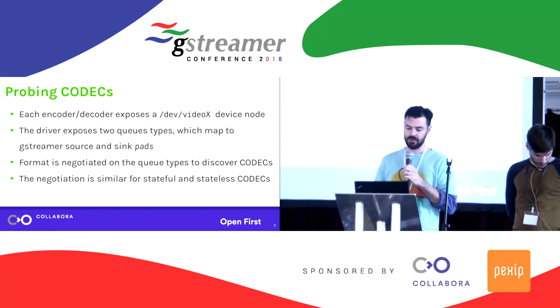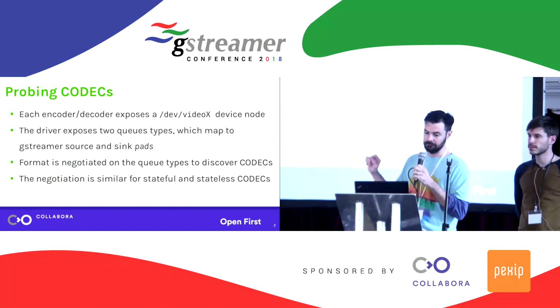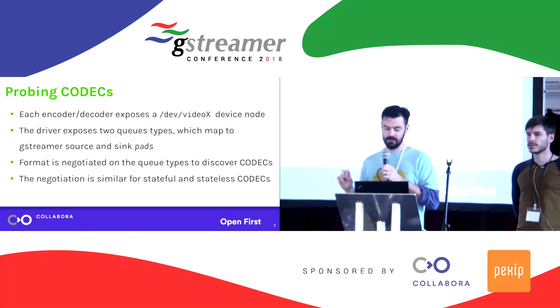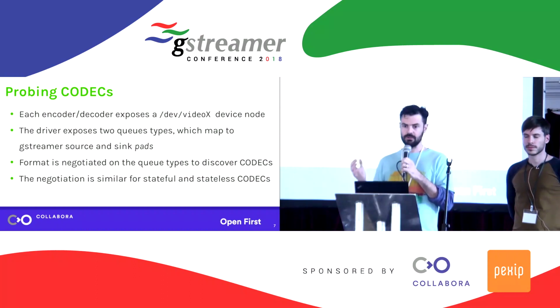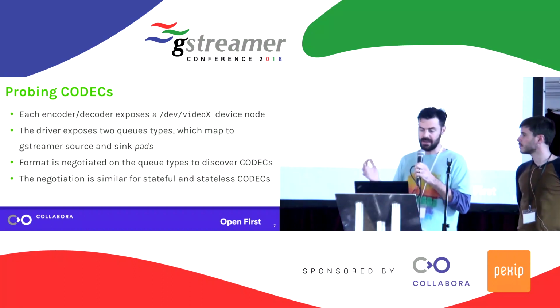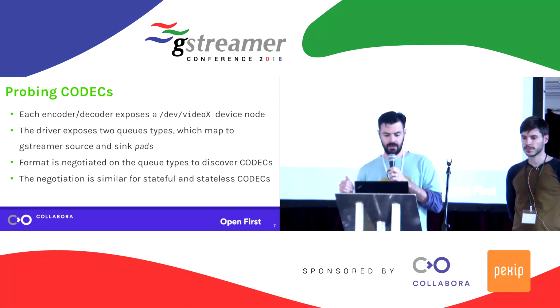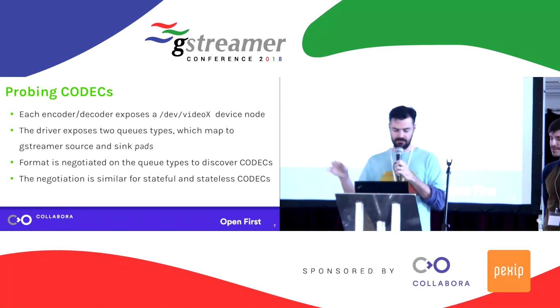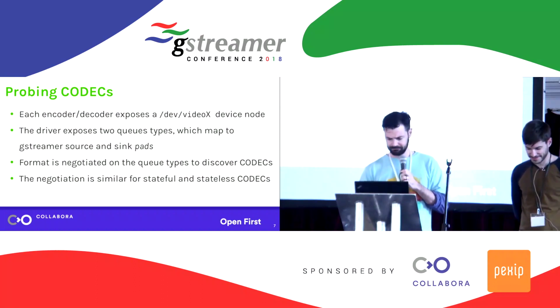the format is actually negotiated on the different pads we have on Video4Linux, which are not called pads. They are actually called the output side and the capture side, something like that. But it's the same concept.